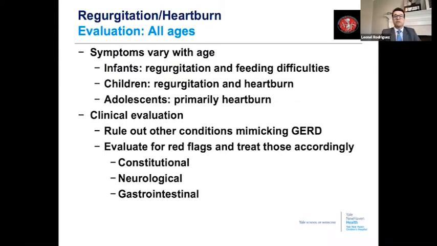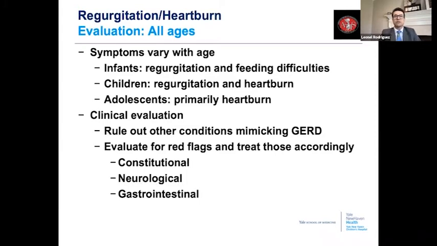We typically divide evaluation at this point based on age, as infants and children and adolescents behave in a different manner. We typically follow the guidelines by the North American Society for Pediatric Gastroenterology.